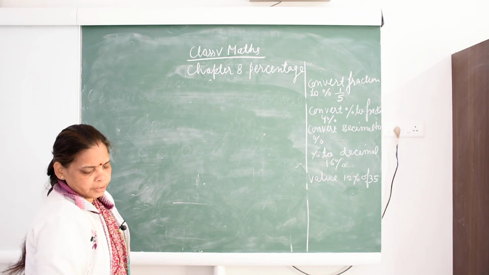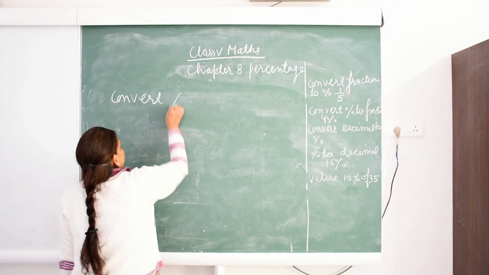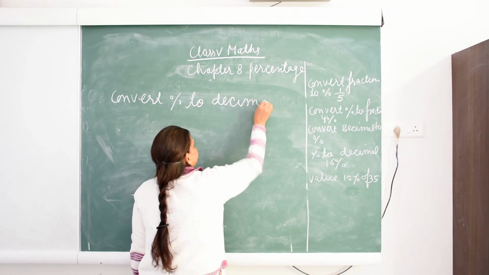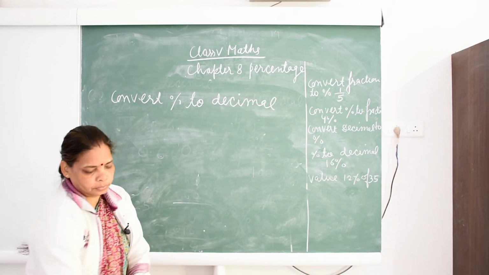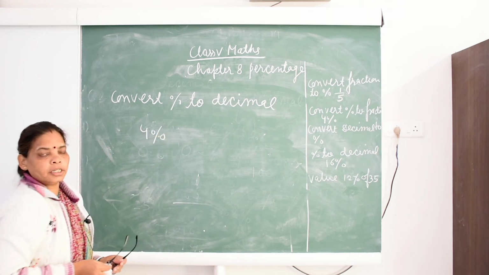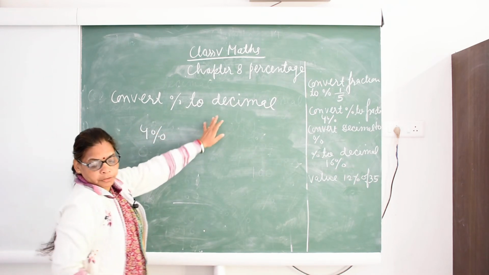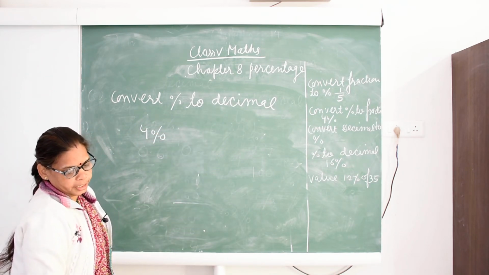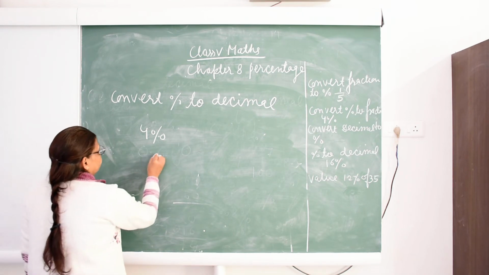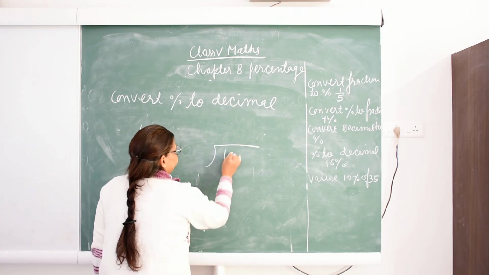Now convert the percentage to a decimal. Percentage is already given here. Understand? Now you have to convert it into a decimal. When you convert into a decimal, you have to divide it upon 100.